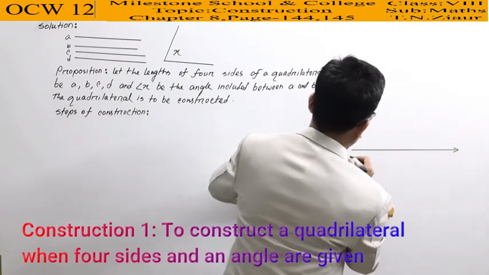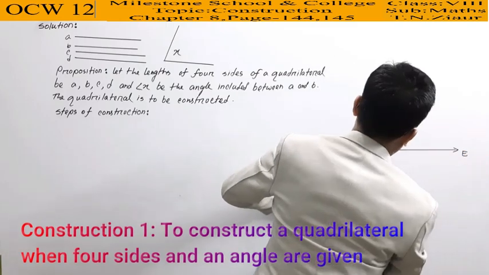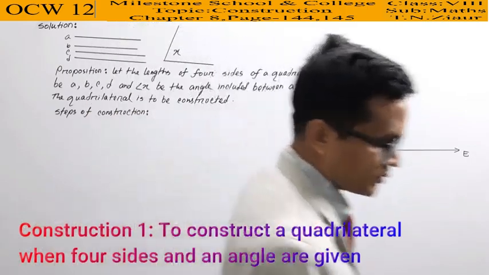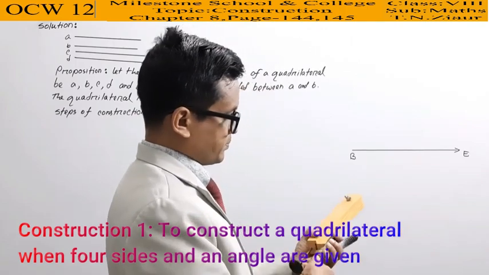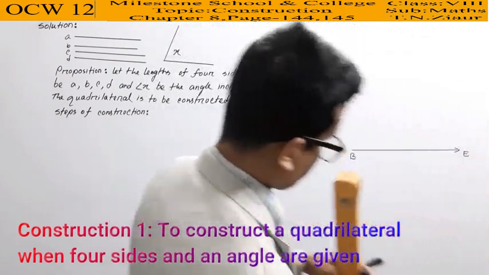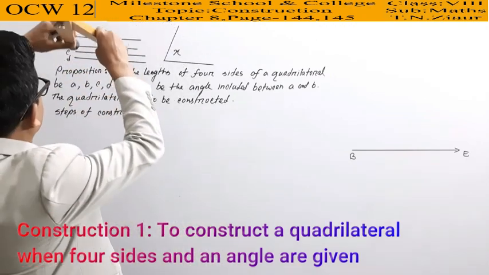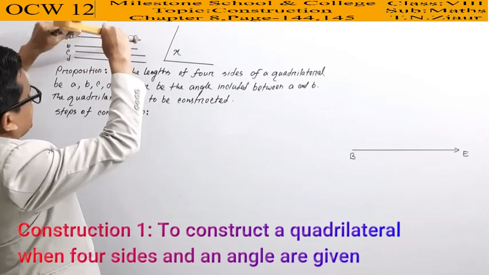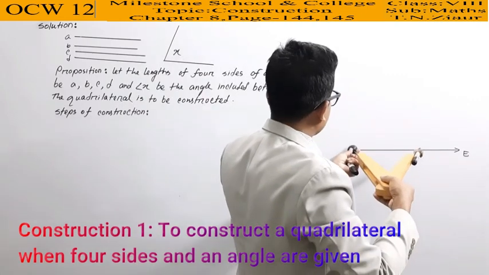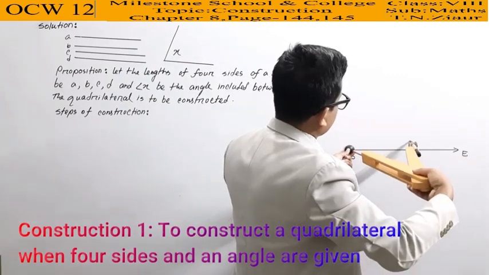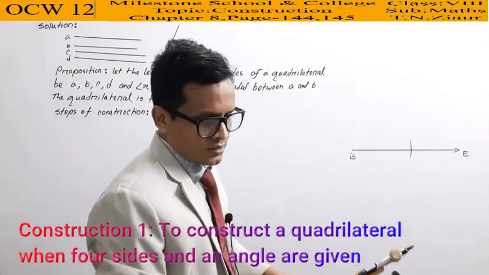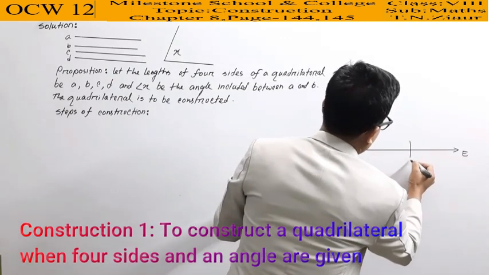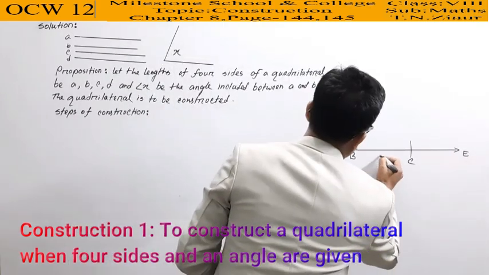Then we cut off BC equal to A. Just take the measure of the length of A and place it at B, and we cut off BC, which is equal to A.